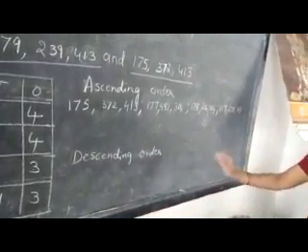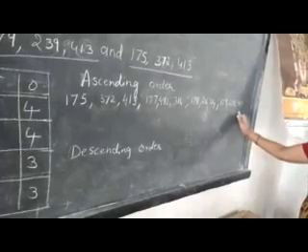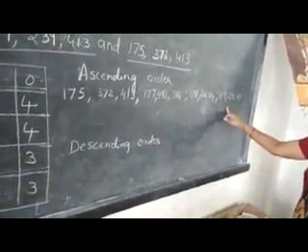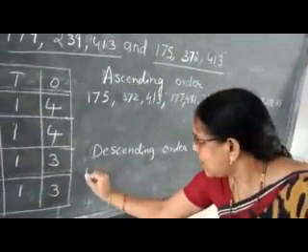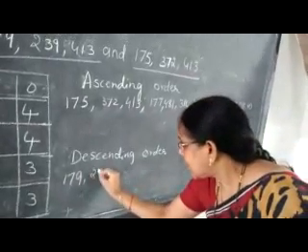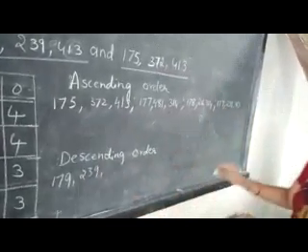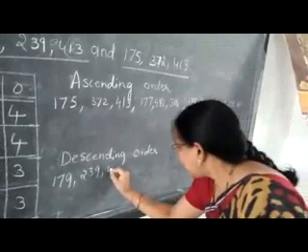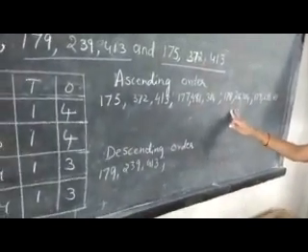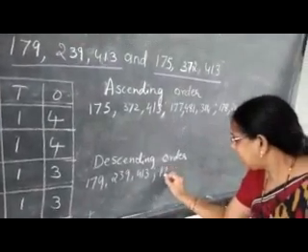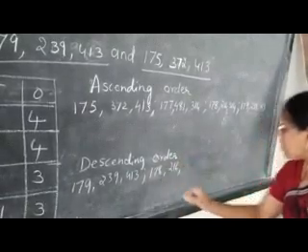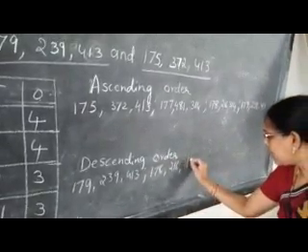This is easy to write, children. See, we have to go from right to left. So which is the biggest number here? 179 millions 239,430. Okay. Next, the second number is 178 millions 216,340.